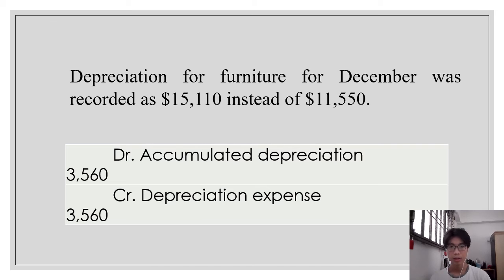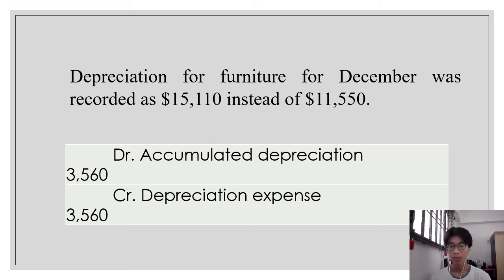Next, it states that depreciation for furniture for December was recorded as $15,110 instead of $11,550. So there is a difference of $3,560, and we recorded more depreciation than we should have.